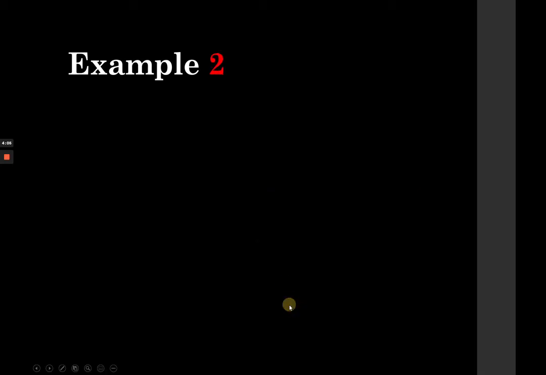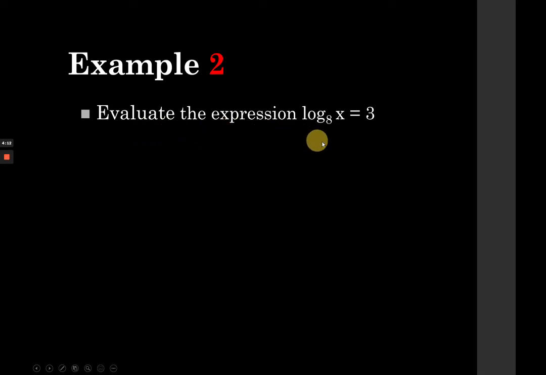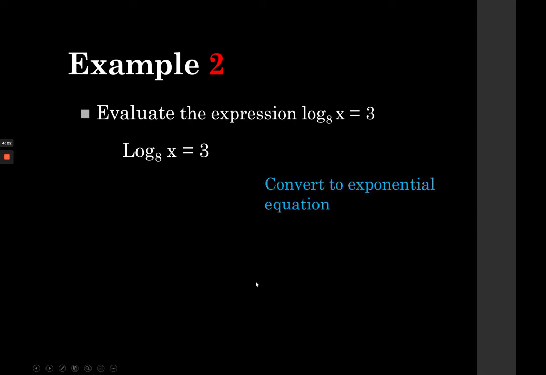Let's have the second case. This time, you have the unknown argument. Evaluate the expression logarithm base 8 of x is equal to 3. Copy your given. To solve, you need to rewrite it in exponential form. You have 8 raised to 3 is equal to x. Actually, it's easier.